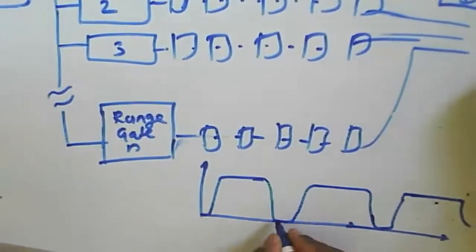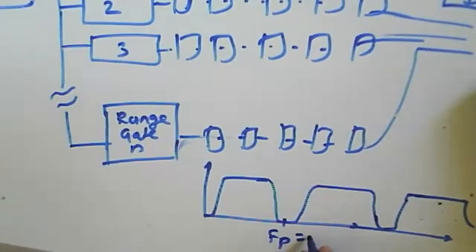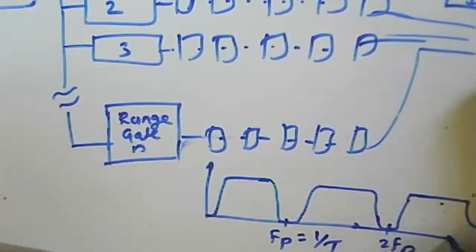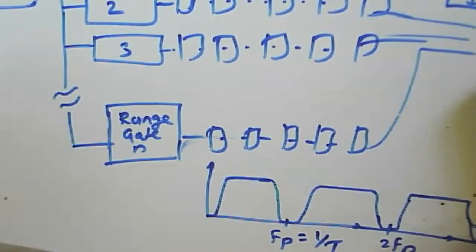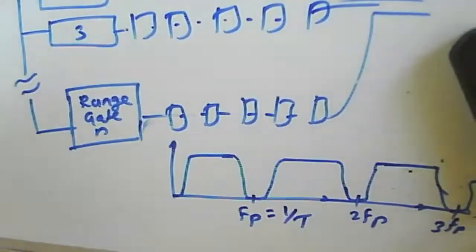If you consider here, this one is your pulse repetition frequency, which will be 1 by T. This one is twice fP, likewise we have thrice fP, and this one is the pulse repetition frequency.